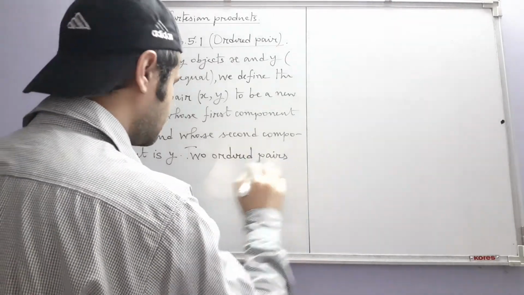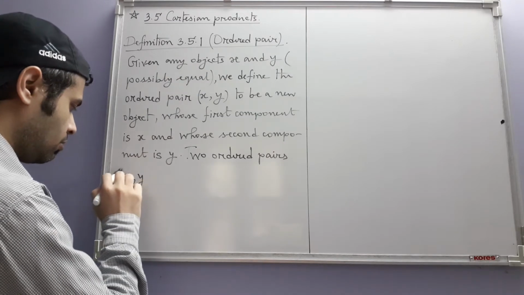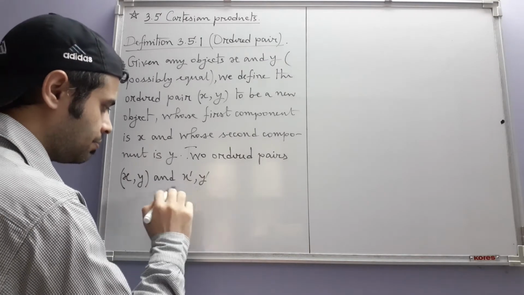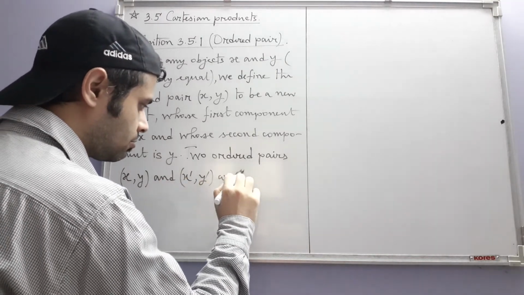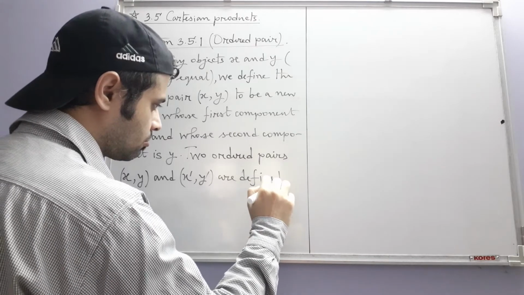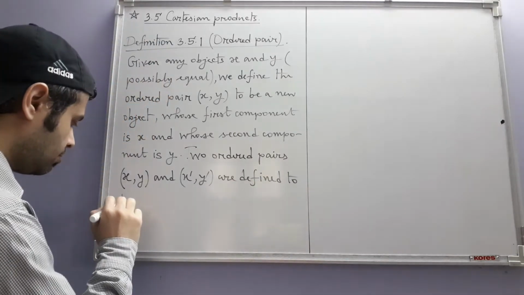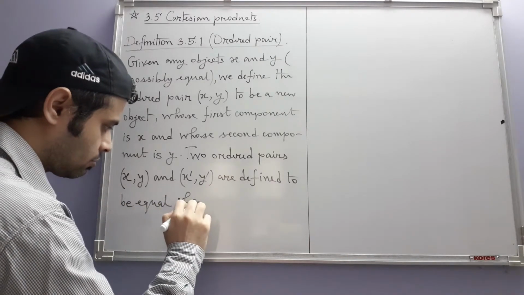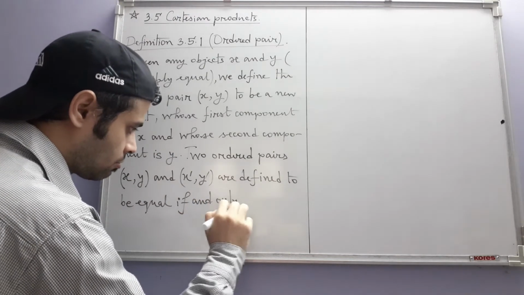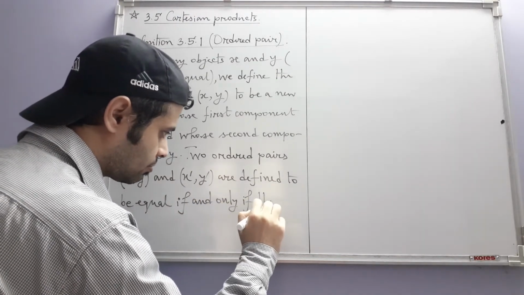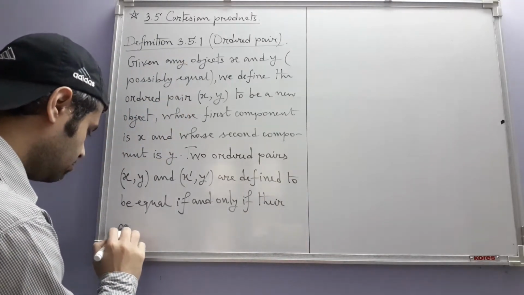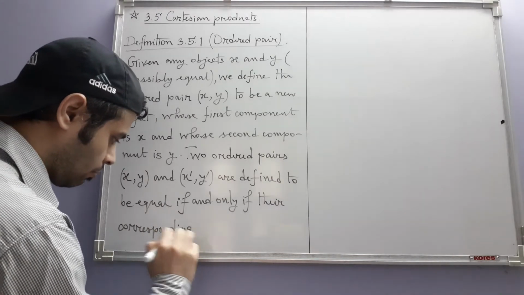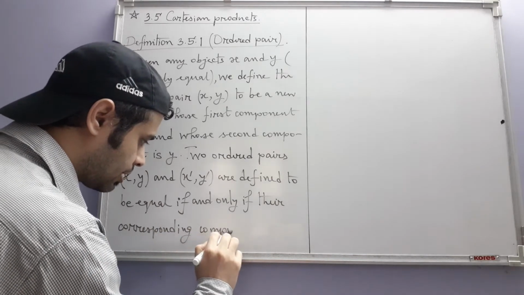Two ordered pairs x comma y and x prime comma y prime are defined to be equal if and only if their corresponding components are equal.